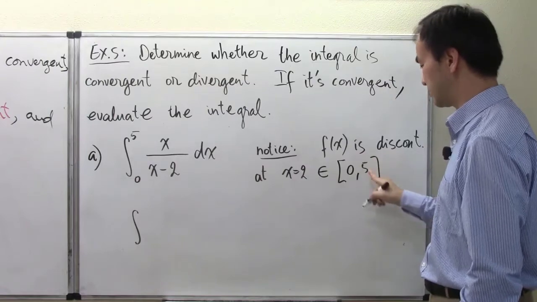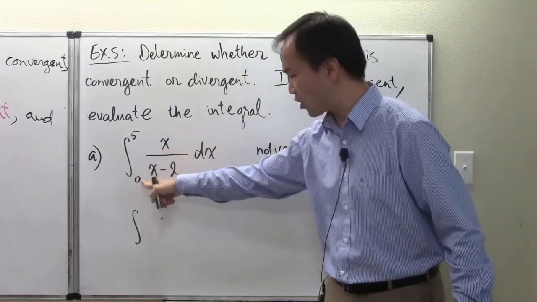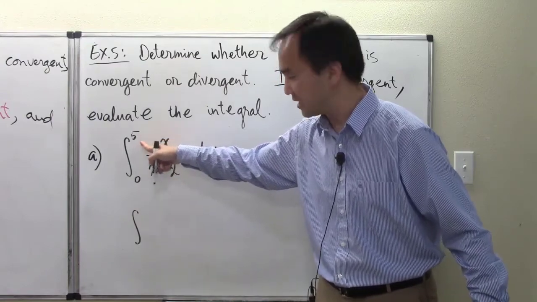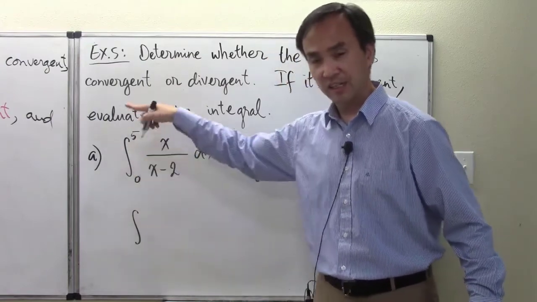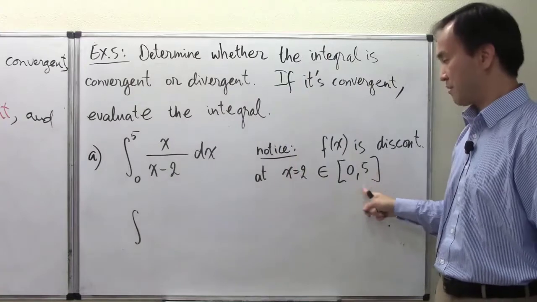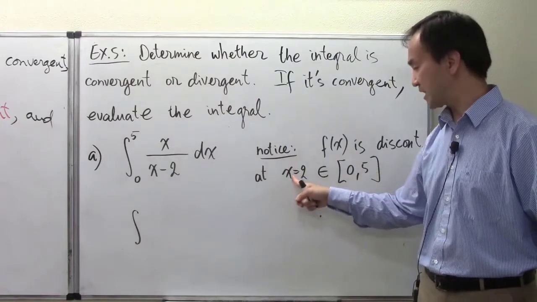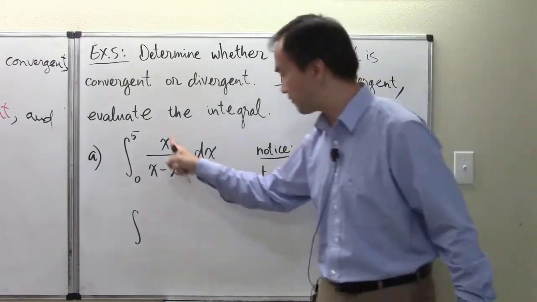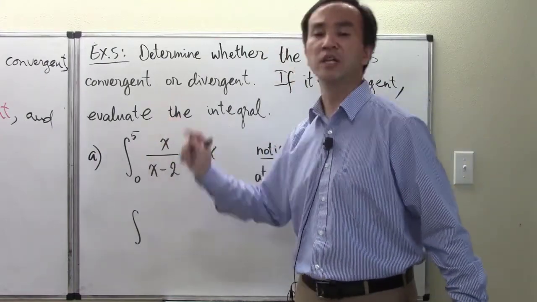So the function itself is okay at x equals 0 and at x equals 5, which means the interval looks like a closed interval. But unfortunately, there's that value x equals 2 inside of this interval, making the function discontinuous. Okay?